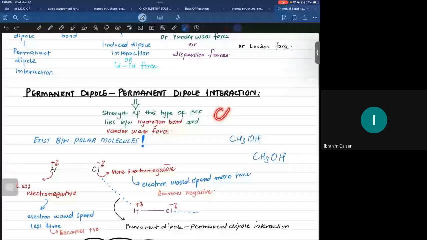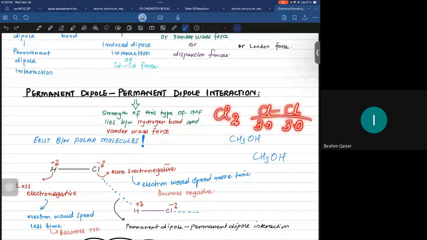You know that Cl2 is a covalent bond formed between two chlorine atoms. Electronegativity for chlorine is 3.0, so they have the same electronegativity. So this chlorine molecule is 100% non-polar.